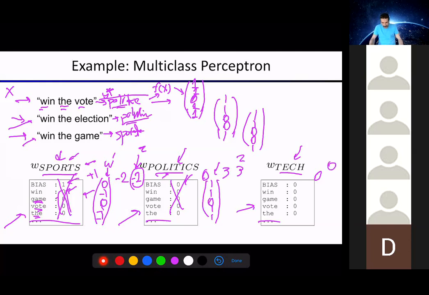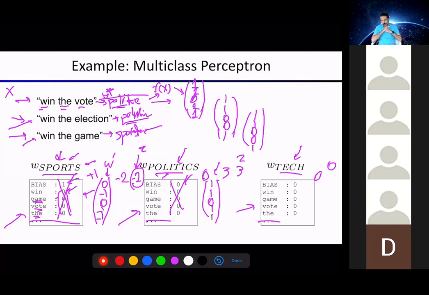So what is the decision? The classifier thinks that this is politics, right? But politics is not the correct answer. Sport is the correct answer, right? So how do we update here?